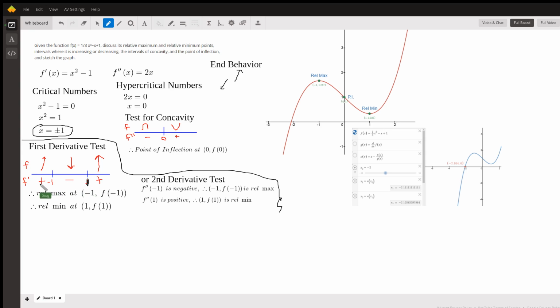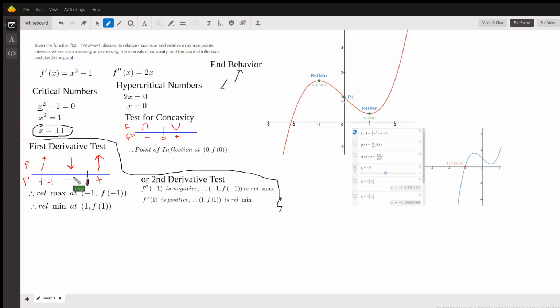Then pick a test number in each interval, like to the left of -1, what's f prime of -2? If you picture putting a -2 into the first derivative, you can see you get a positive number, which tells you that the tangent lines have a positive slope, which tells you the original function is increasing.